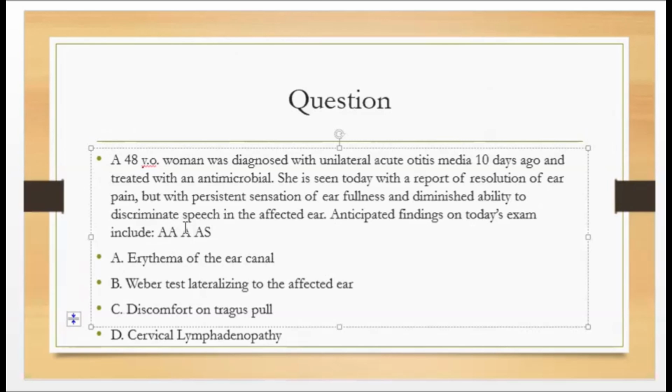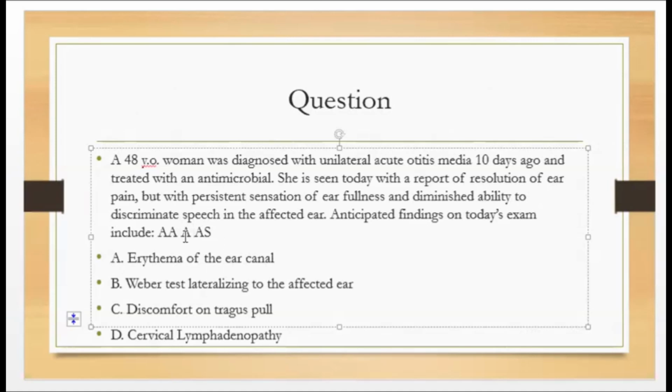Another question can be, when can they follow up? They follow up within 48 to 72 hours. And if they follow up in 48 to 72 hours and they tell you that the pain is worsening, or the symptoms are bad, what do you do? You change it to Augmentin.